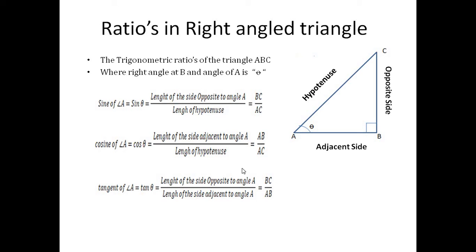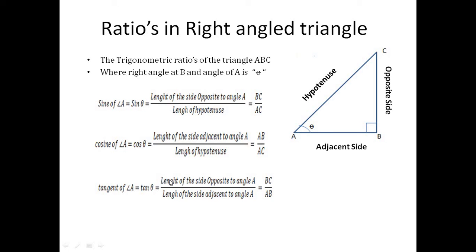These are the main ratios, and we have three more ratios which we are going to see as well. So sin theta is opposite side by hypotenuse, cos theta is adjacent side by hypotenuse, and tan theta is opposite side by adjacent side.